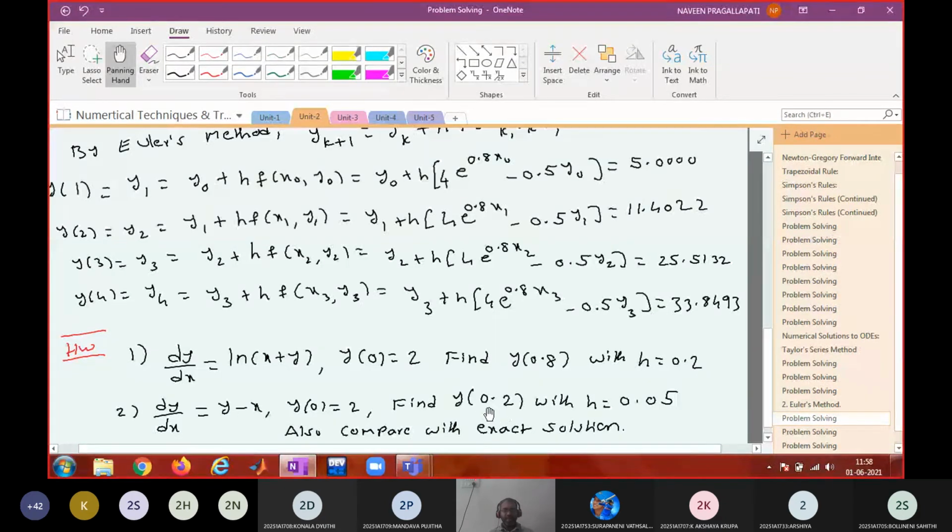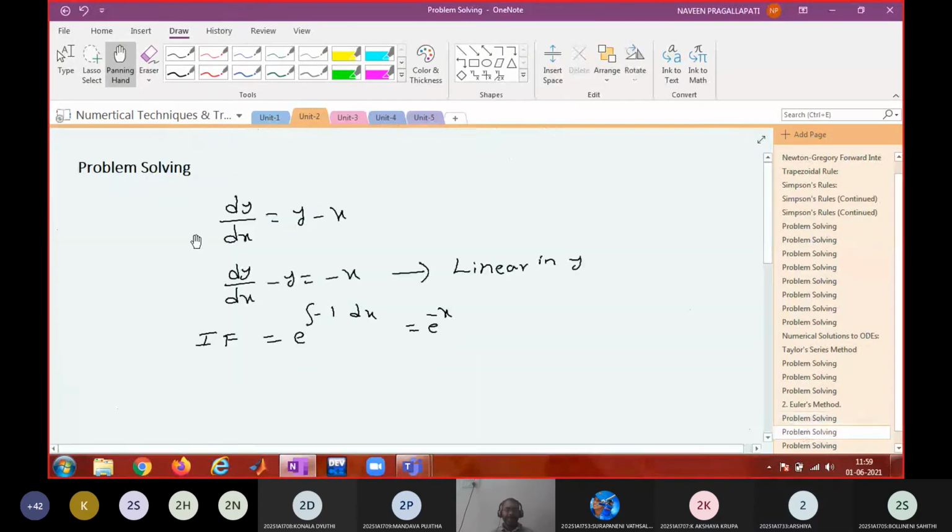Substitute x equal to 0.2 to get the exact value, and compare it with the value obtained through Euler's method. Will you do that? Yes, sir.